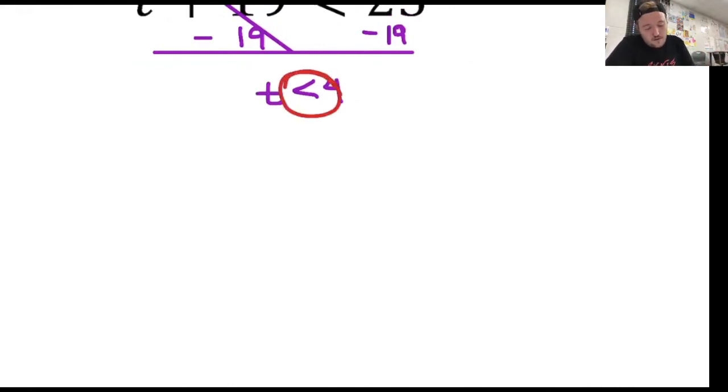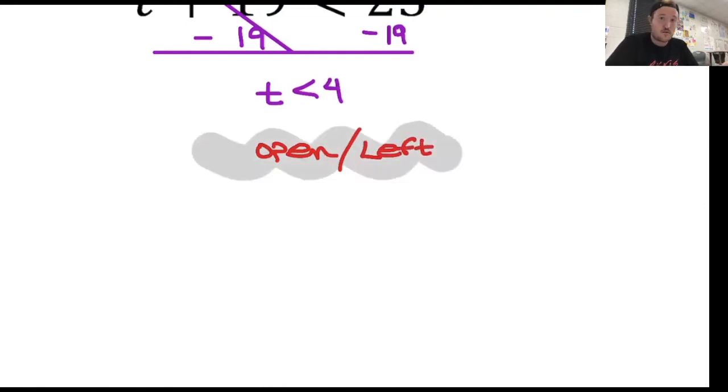Well, I cannot be equal to it, so that tells me it's going to be an open circle. Then you want to look to see which way the arrow is going to face. I just make an arrow out of my inequality sign and it's going to the left. So I say open slash left. Take this as part of your work. Remember, I require the work shown on all your homeworks, so I would expect to see this on your homeworks.